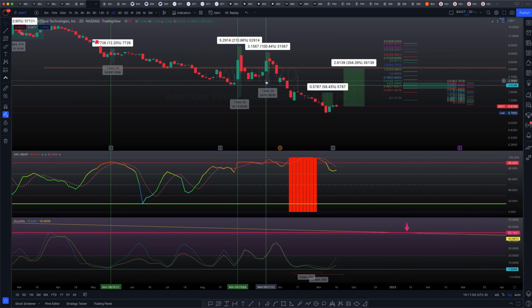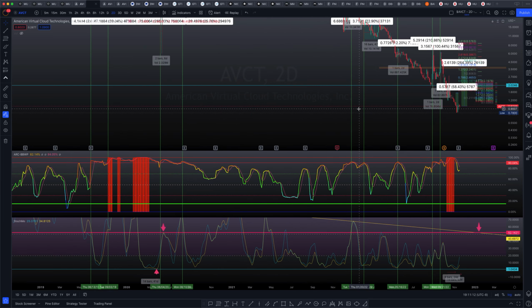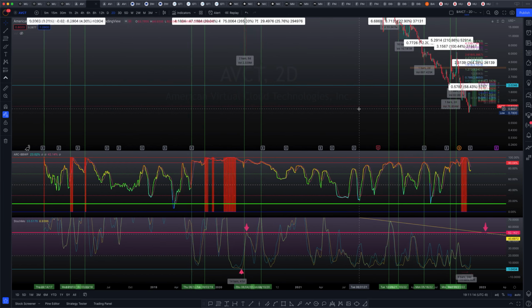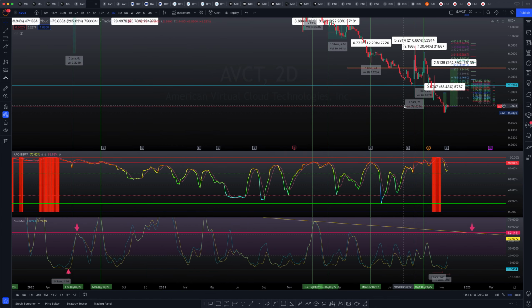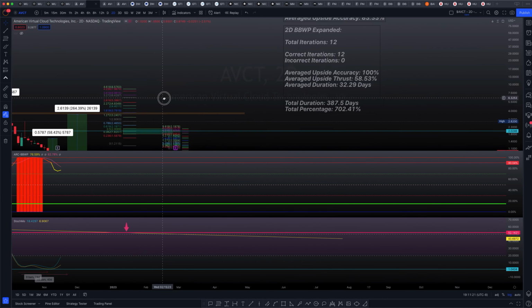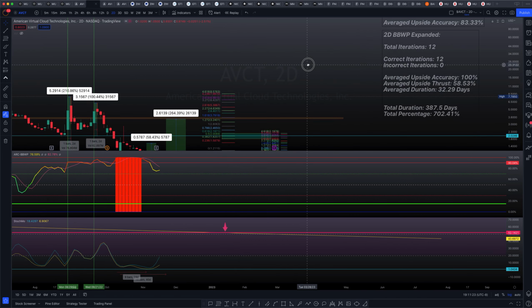The criteria for that backtest is the duration of the iteration, the upside thrust on that iteration, and the amount of times that the iterations guessed the upside correctly versus incorrectly based on these vertical lines. So the metrics that we did receive are very interesting.